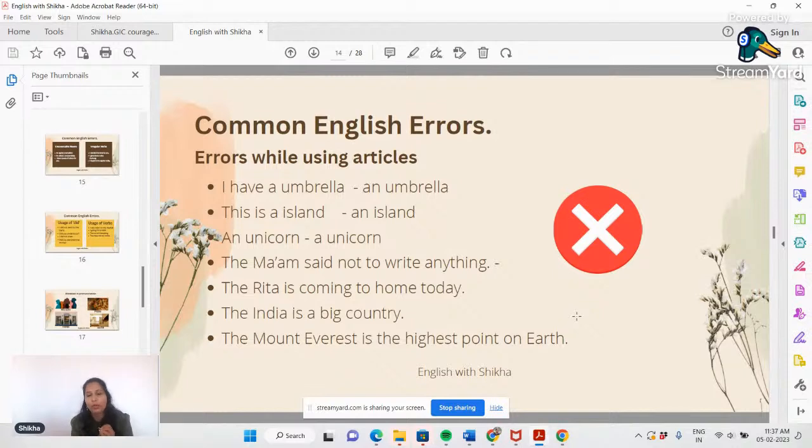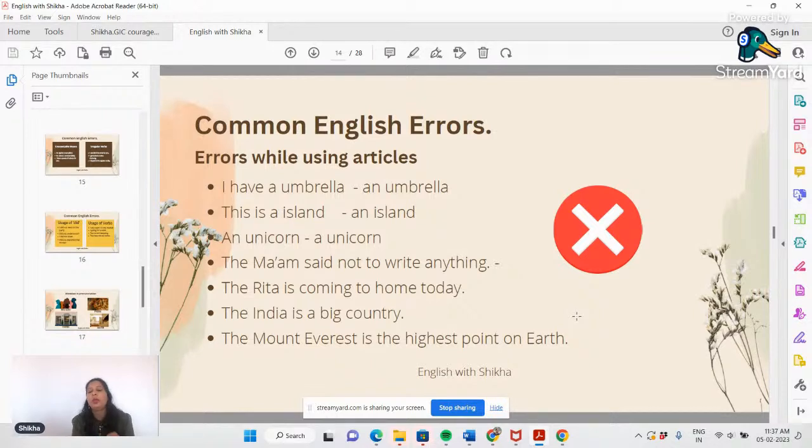So from childhood you might have learned that we put a before consonants and an before vowels, but actually it is not like that. We put a before all the words which start with a consonant sound. Okay, we are not talking about consonant letters, but we are talking about sound.